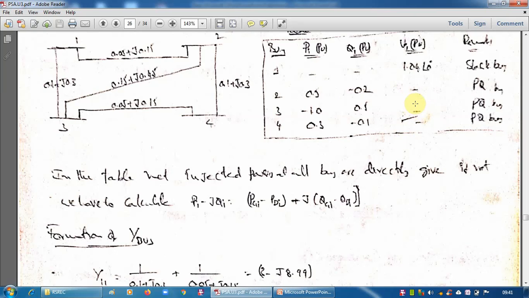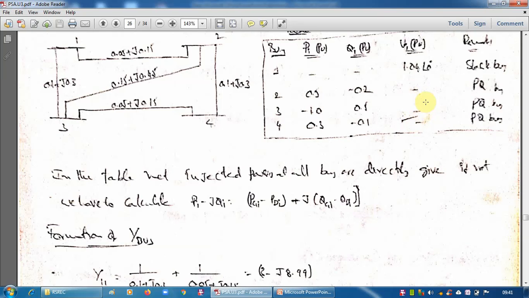This is known as initial guess or initial assumption, and the standard recommended assumption for these voltages is to assume all bus voltages equal to 1 plus J0. This is known as flat voltage profile. If we assume like that, we can get better solution.